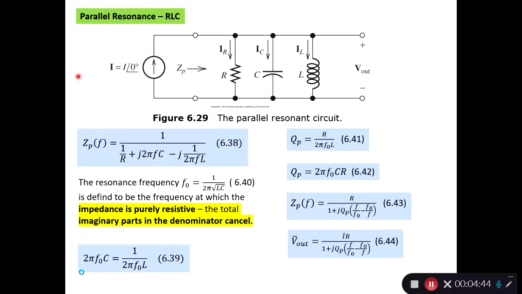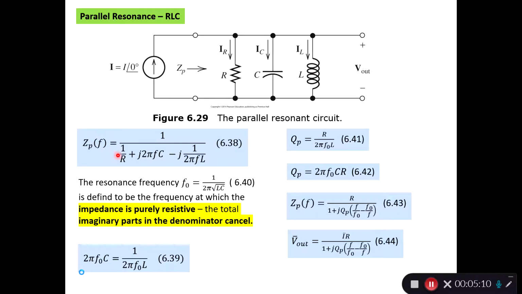Coming to the equations for it. When we want to find the impedance looking in between these pins, we treat the circuit as parallel components. So this is a complex impedance, and also this, but they are in parallel with the resistor.